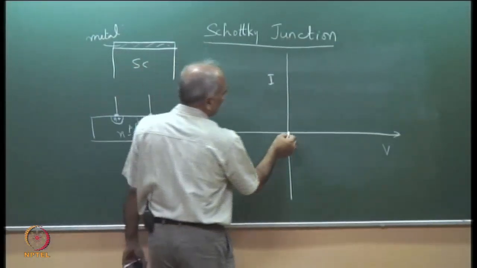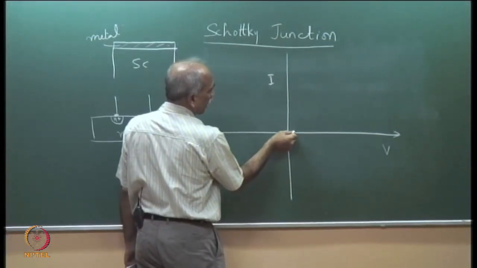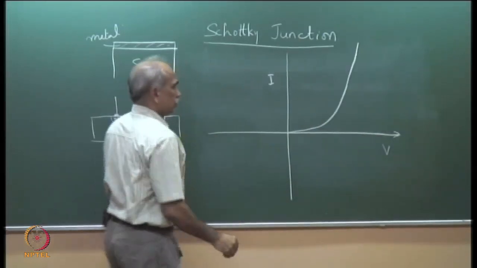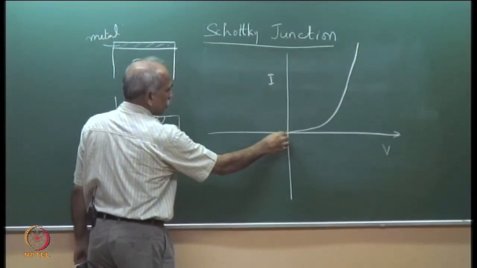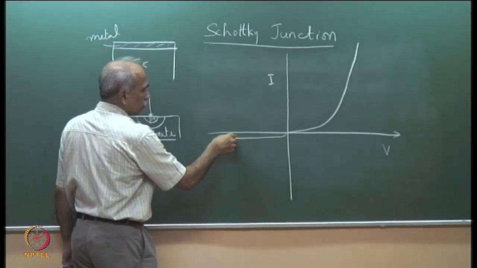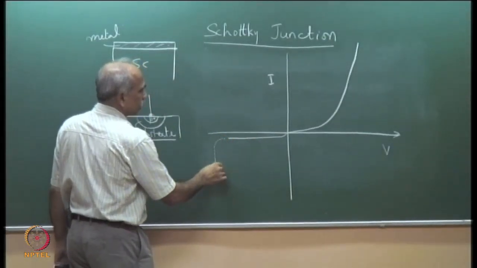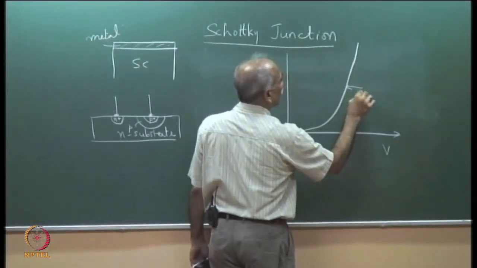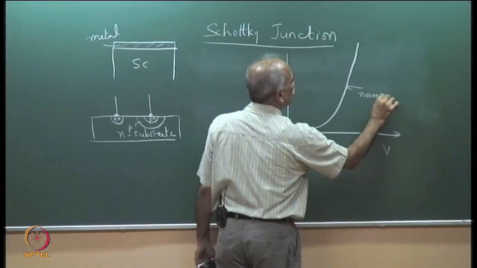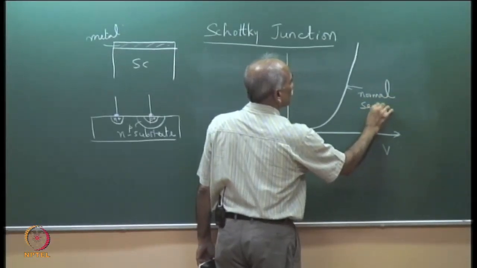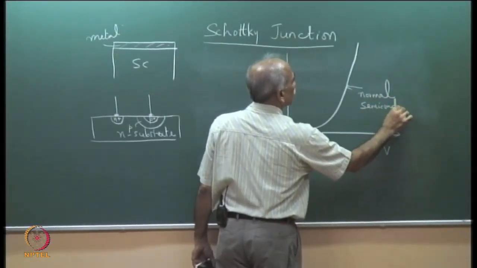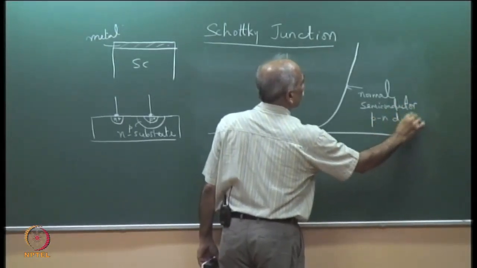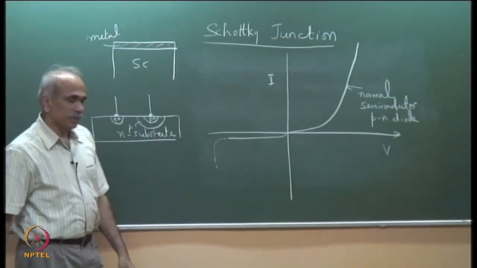If you take a diode, we know the forward characteristic and the reverse characteristic, then almost saturated, and finally of course it breaks down. This is a typical, normal semiconductor PN diode, forward and reverse characteristic.